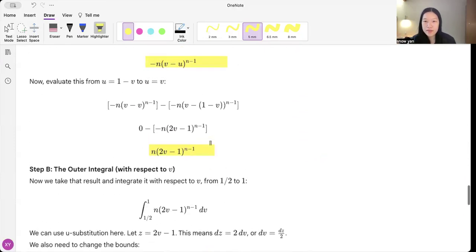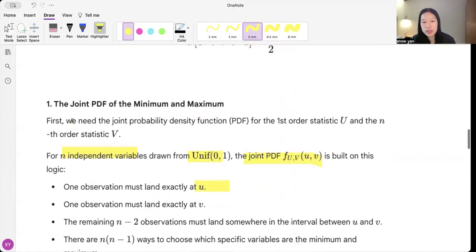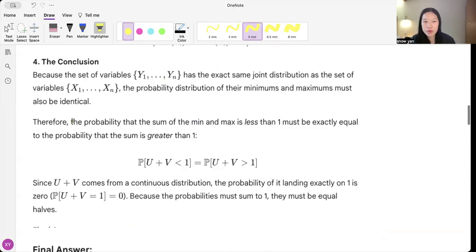So the second way is definitely the normal approach: we have the probability we're trying to find, we break it down into finding the PDF, then establish the bounds, and then it's a standard double integral.